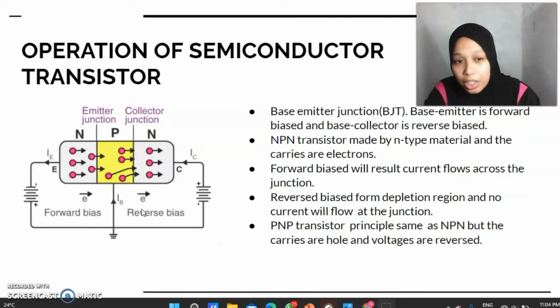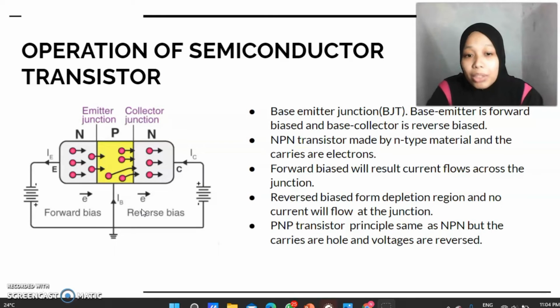This is because the electron will move from the N-type region towards the P-type region. Hence, the minority carrier holes move toward the N-type region. As for the reverse bias, the holes and electrons travel away from the junction, forming a depletion region between the two areas, and no current may pass.